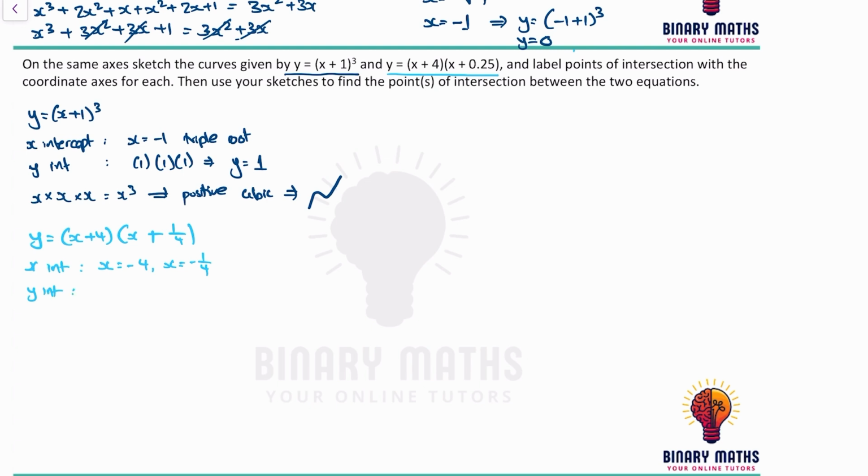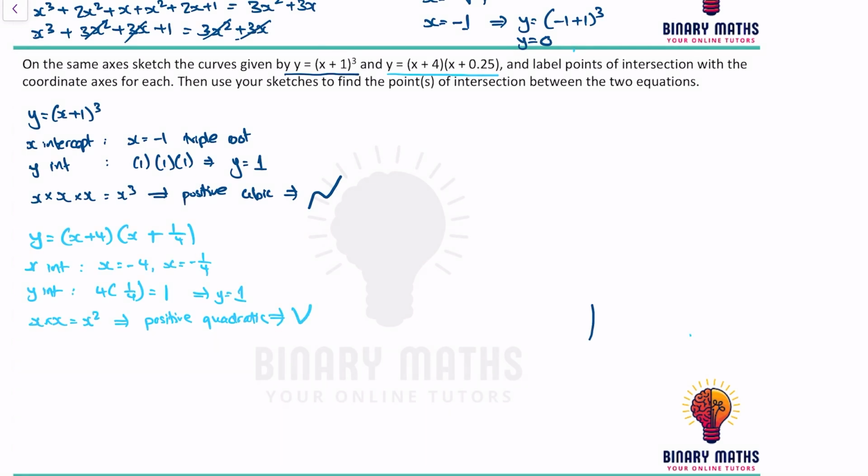The y-intercept is equal to 4 times a quarter, which is equal to 1, which implies y equals 1 is a y-intercept. And because x times x is equal to x squared, it implies it's a positive quadratic, which is this way.